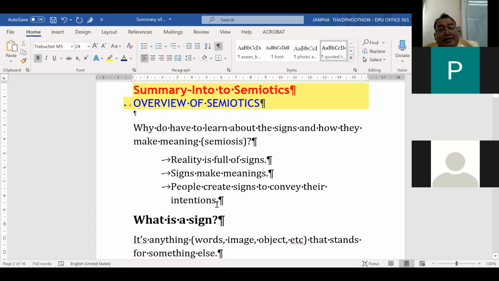That's the first reason. The second reason is that science, in order to understand or to make any meaning at all, you need to interpret the signs that we can observe. And people, I would say, produce signs, and they actually use them for whatever purposes they may have.